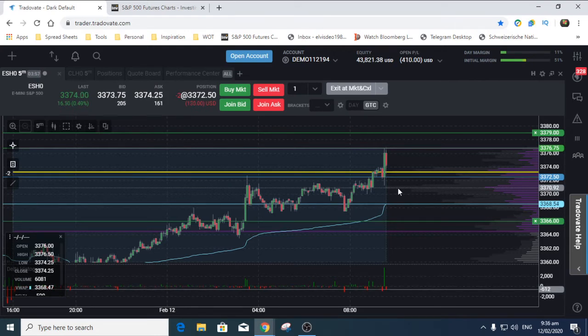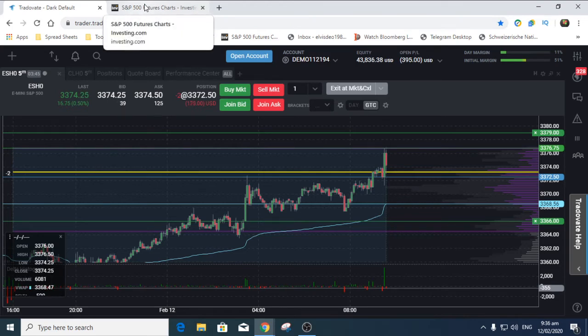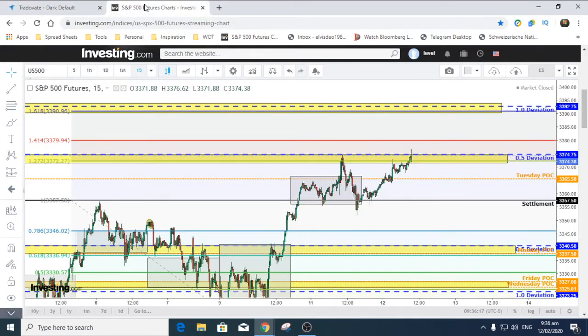I don't tend to use ATRs, I use deviations. 20% of our implied deviation, we know if we're up 24 points, we would be at 1 S, 0.5 SD.